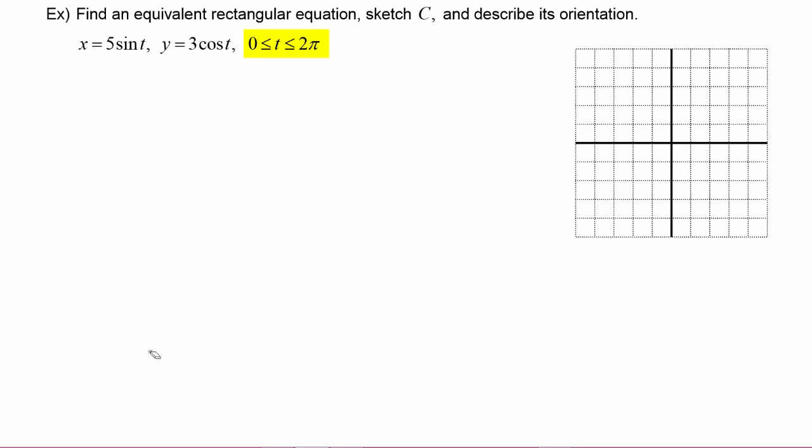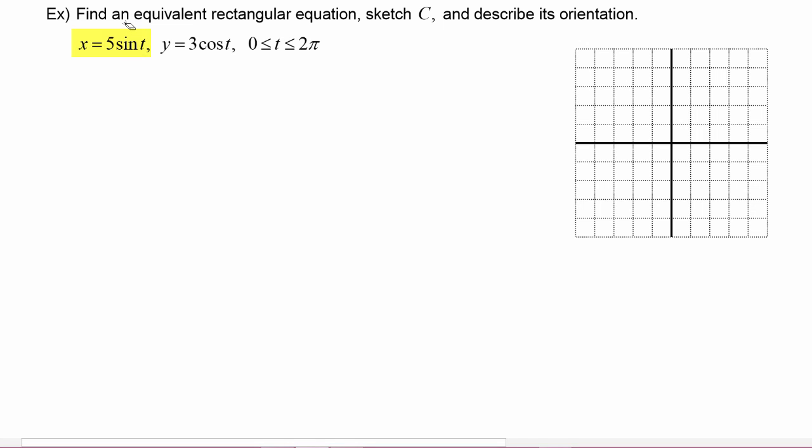Our interval for t is that 0 is less than or equal to t is less than or equal to 2 pi. In order to create an equation that only has x's and y's in it, the strategy you will want to use when the parametric equations involve trig functions is to isolate the trig functions in each of the parametric equations.